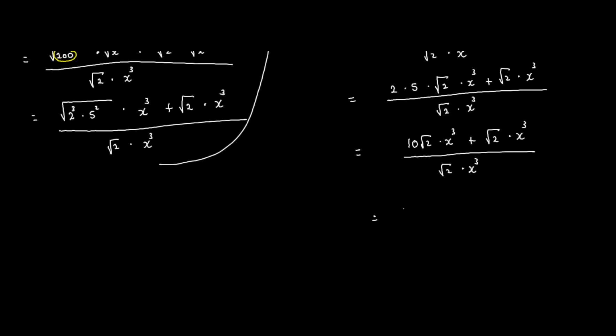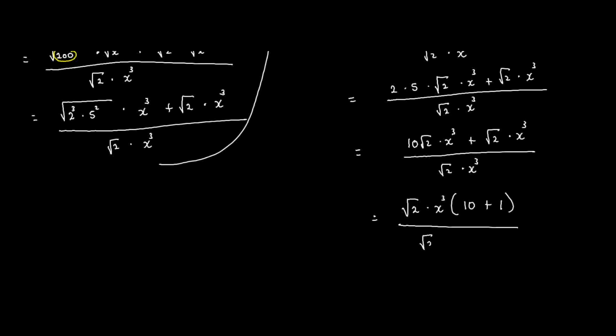The highest common factor should be the square root of 2 times x cubed. So I'm going to take the first term and divide it by the common factor. I'll be left with 10. Plus, I'm going to take the second term and divide it by the common factor. I'm left with 1. Because you do know the square root of 2 times x cubed divided by the square root of 2 times x cubed is 1.